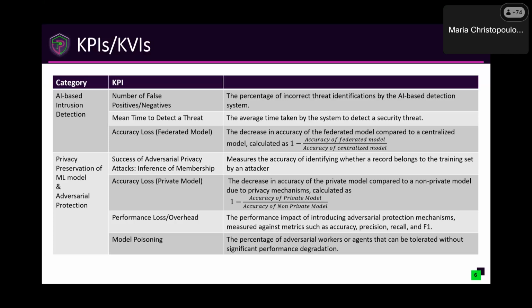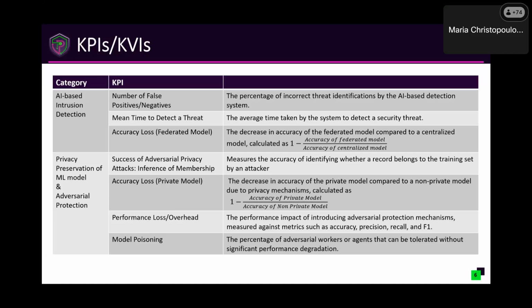So one common type of attack that we need to protect against is the so-called membership inference attack. This attack involves, for example, determining whether a specific individual's data was part of the model's training dataset. An attacker might use this information to infer sensitive details, such as whether a patient's medical records were used in a model related to a particular disease, which is a privacy breach.